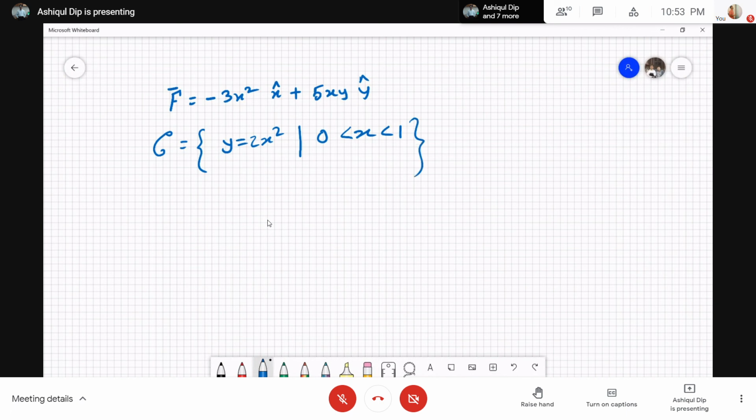Okay, so the question says you have a vector field and you have a curve. They tell you how much work is done going from this point to that point.